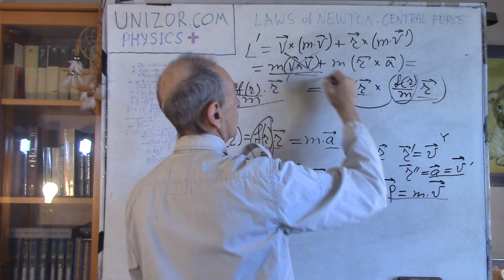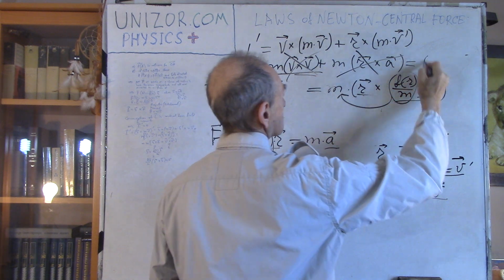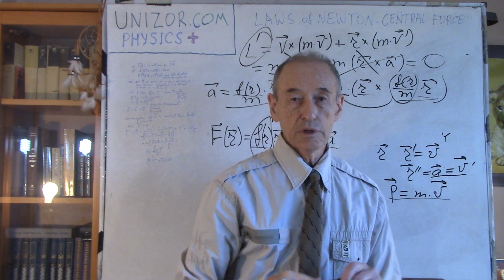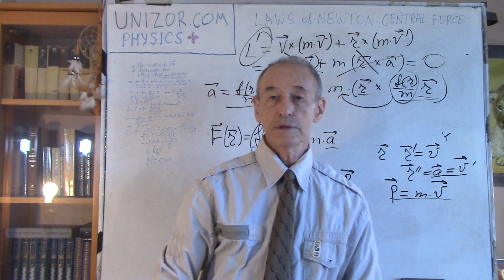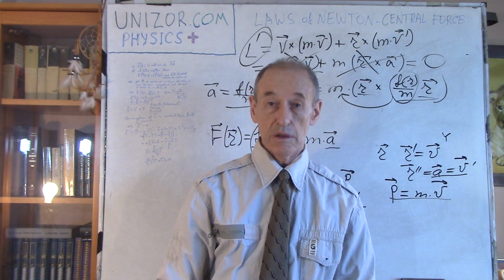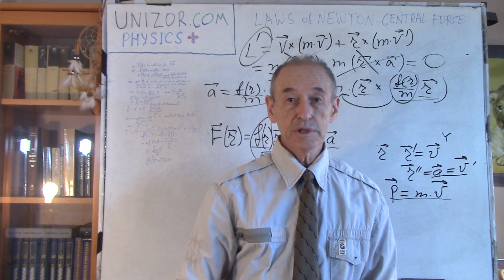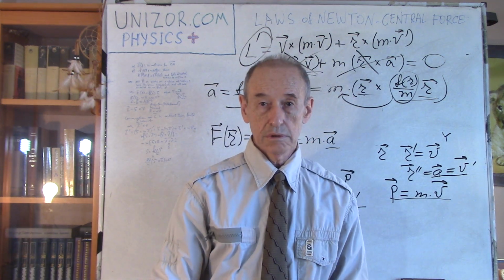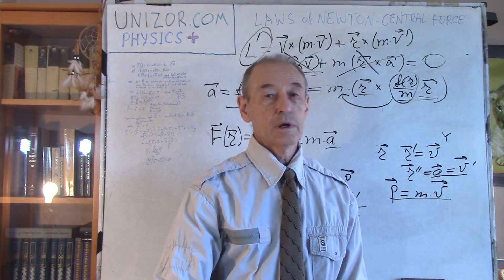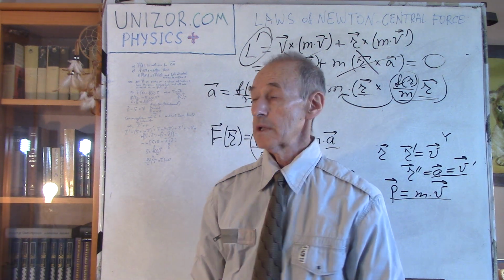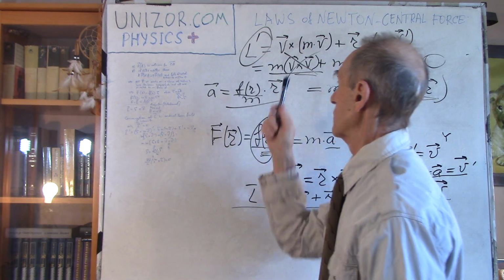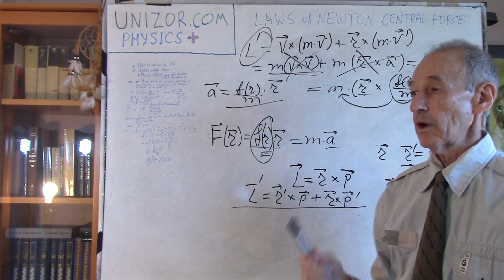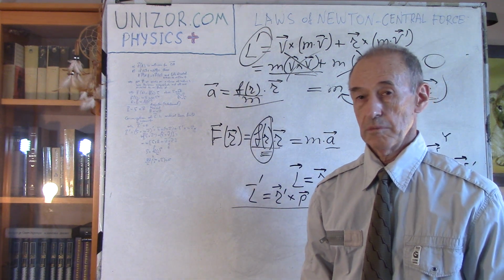So this is 0 and this is 0, which means this is 0. So the first derivative of angular momentum is 0, which means it's constant. It does not depend on time. As long as the forces are central, our angular momentum is preserved. So this is the law of conservation of angular momentum.